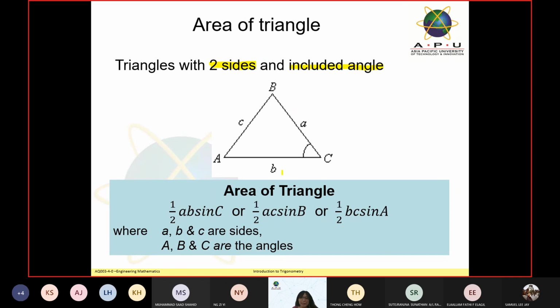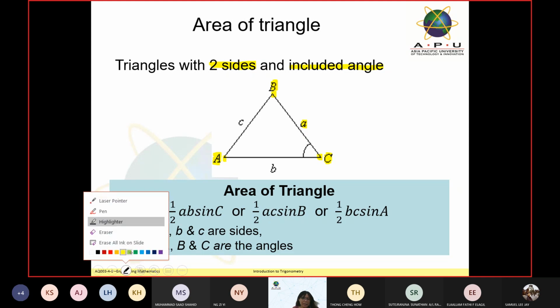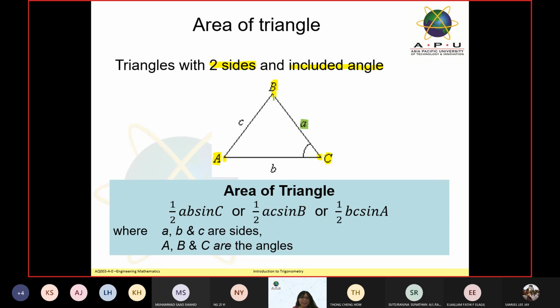Now, looking at this triangle, first we look at the label. If you label this triangle as ABC, we use capital letters to represent the three vertices of the triangle. Then the side opposite vertex A we label as small letter a, which represents the length of this side.